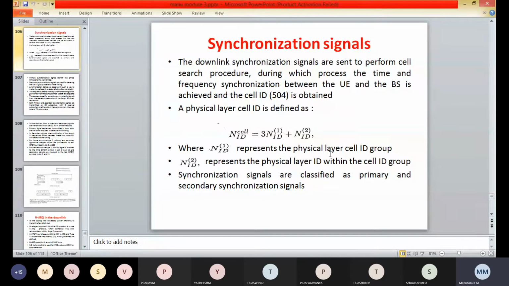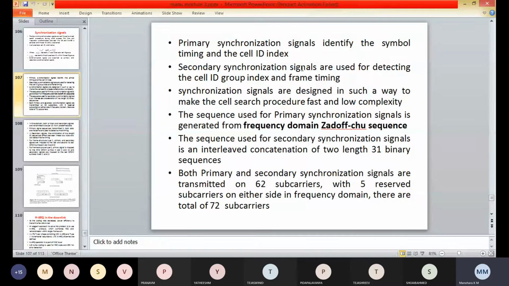So here the synchronization signals are classified into two different types. One is primary synchronization signals, that is PSS, and the second one is secondary synchronization signals, that is SSS.